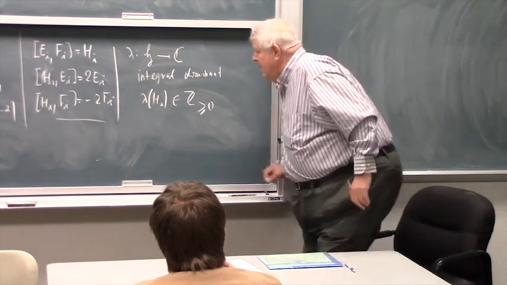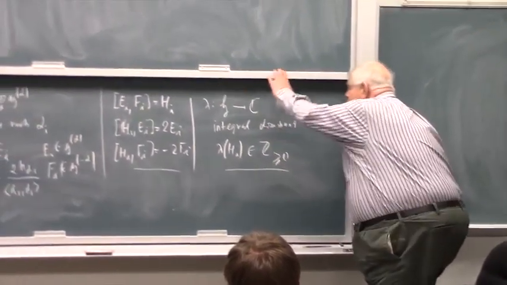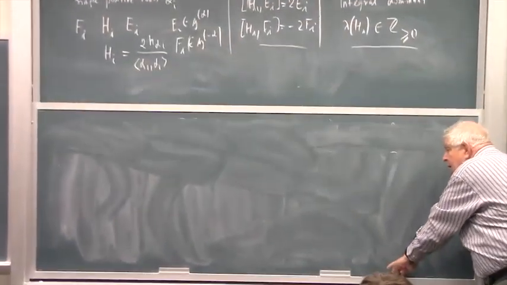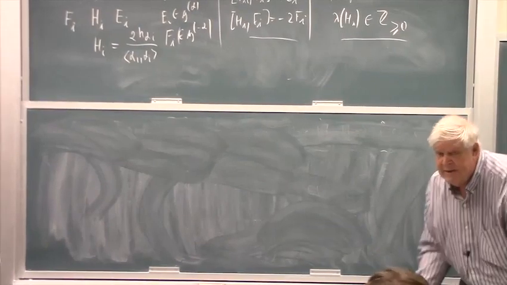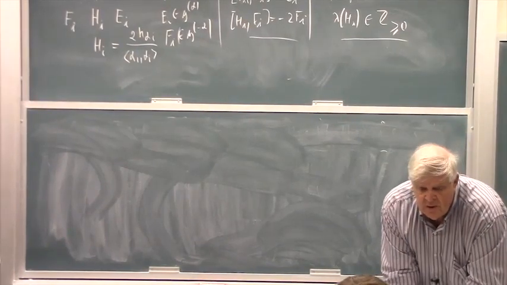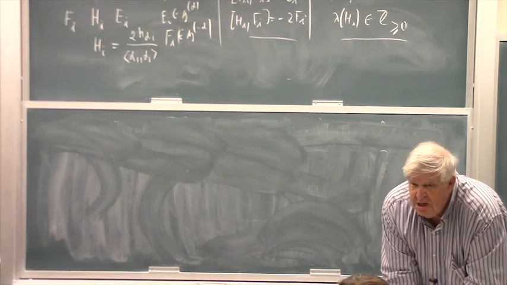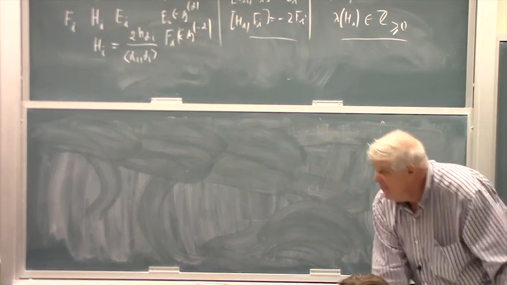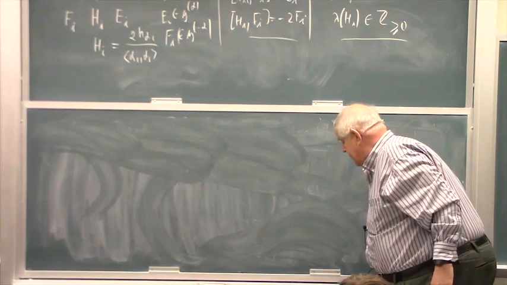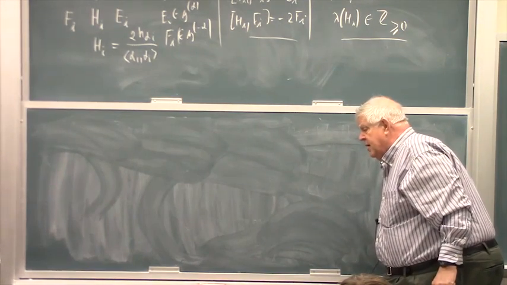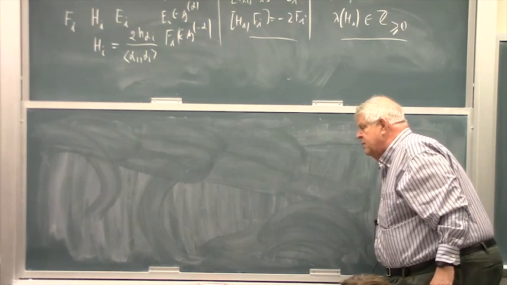Now, what is important is that there is a classification of all finite dimensional irreducible representations of G. And this classification is done in terms of the highest weight.